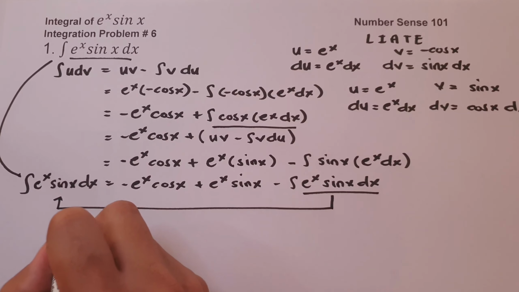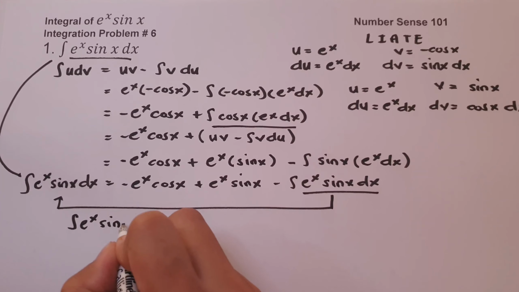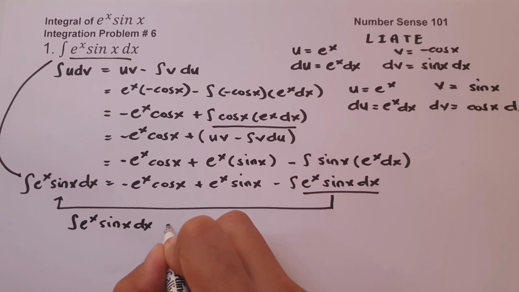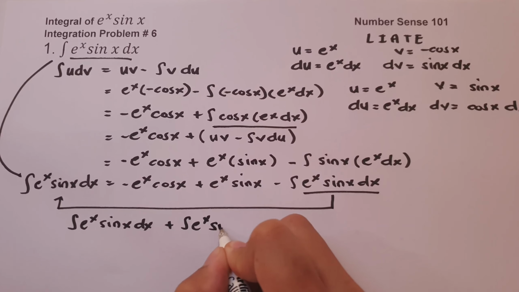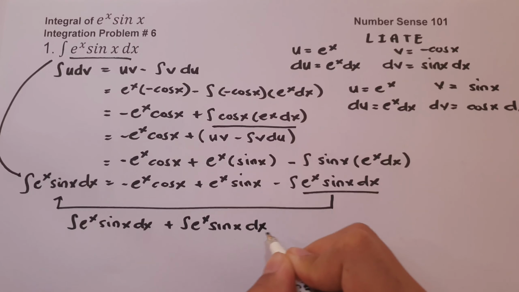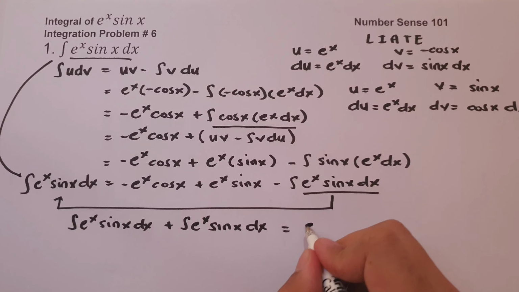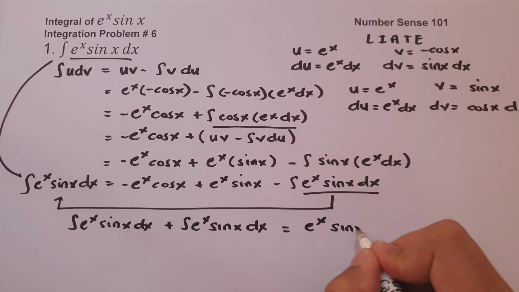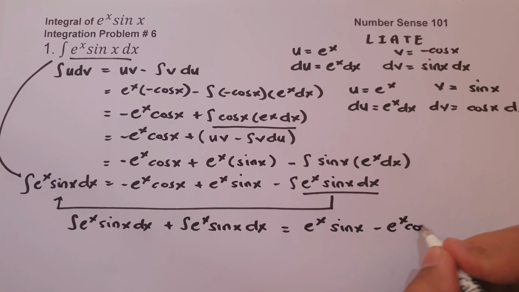So this will be the antiderivative of e raised to x sine x dx plus the antiderivative of e raised to x sine x dx equals, I'm going to put first the positive, that is e raised to x sine x minus e raised to x cosine x.